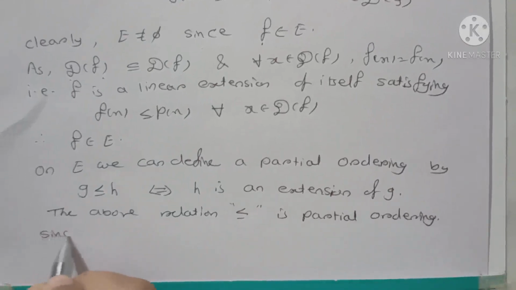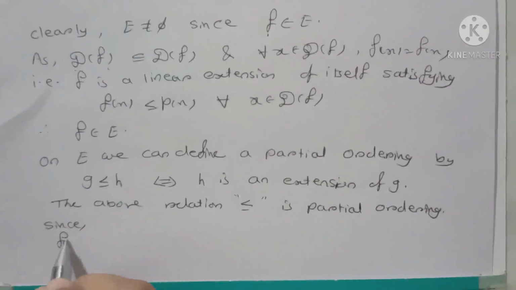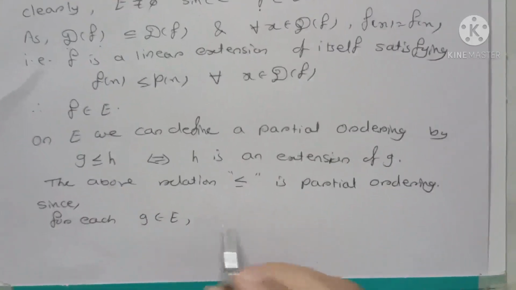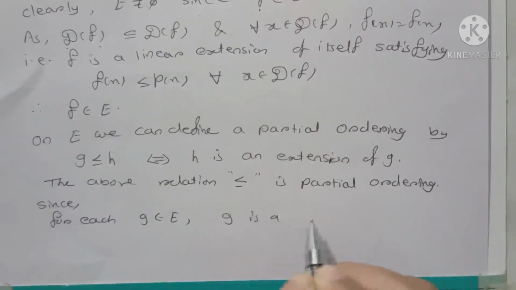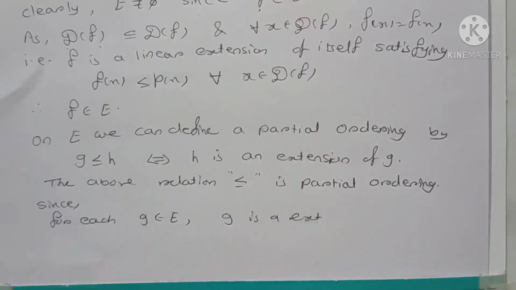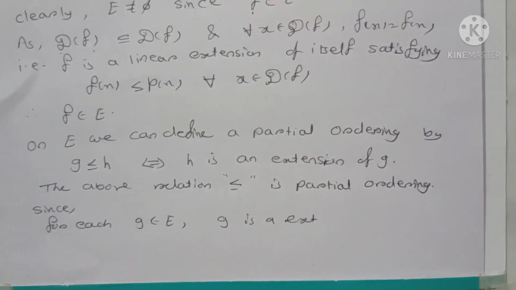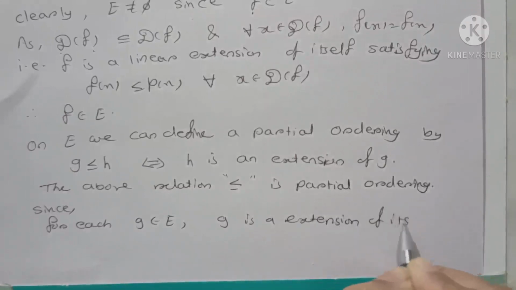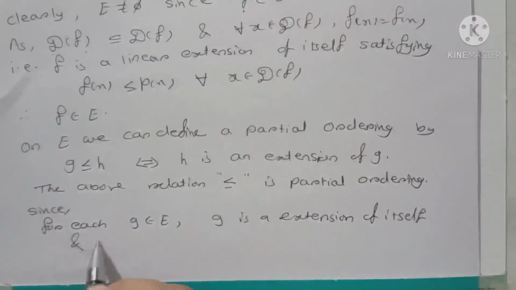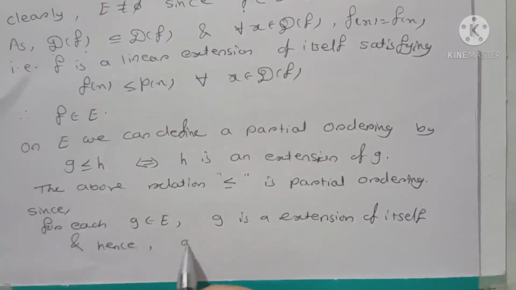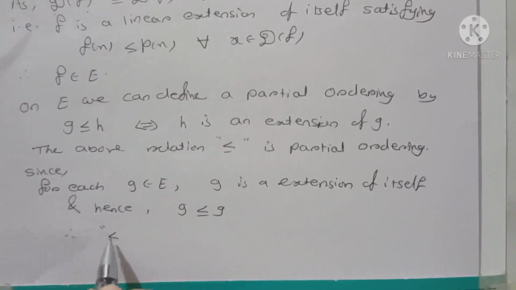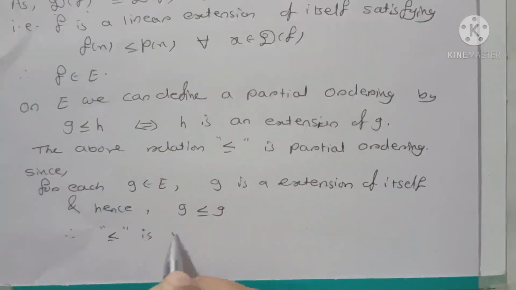since for each g belonging to E, g is an extension of itself. As we showed that f is an extension of itself, in the same way g is an extension of itself, and hence we can write down g less than or equal to g, and therefore the relation is reflexive.